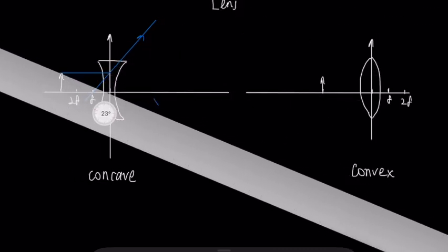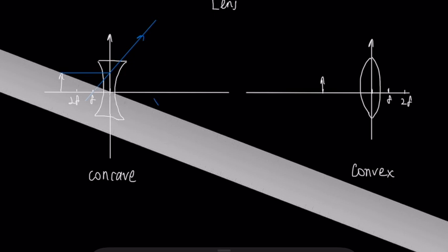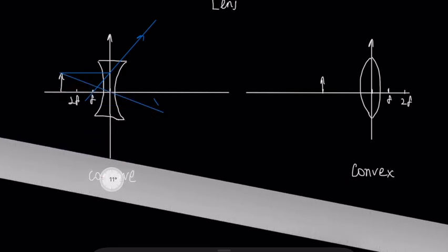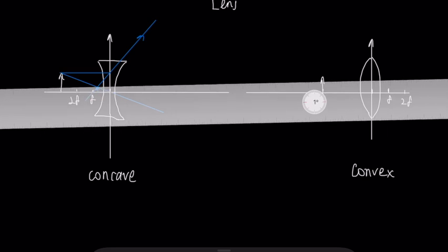The second law is that it just goes through the center, at the zero axis. Then you look, and you will find an image down here. So this is the basic rule of the concave lens.